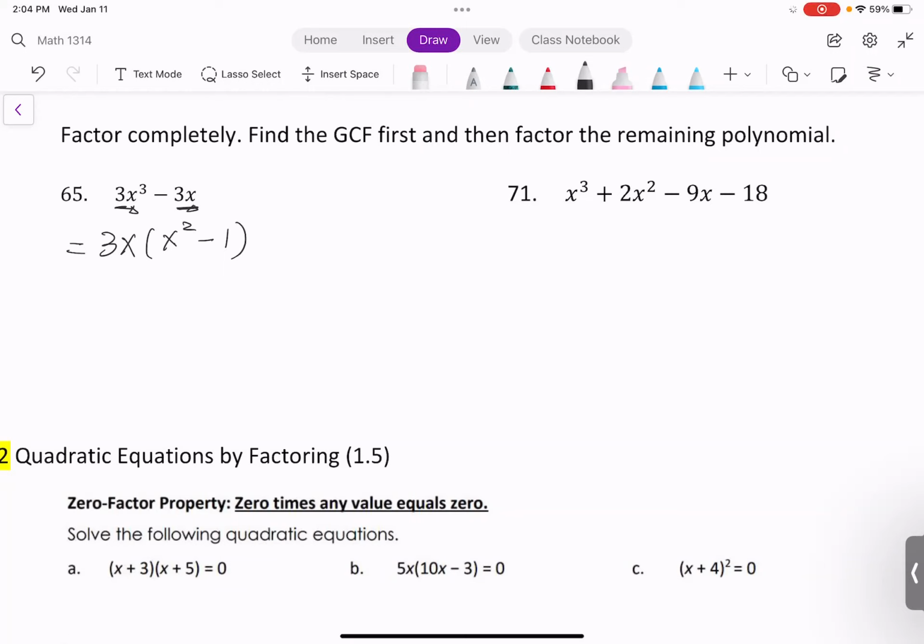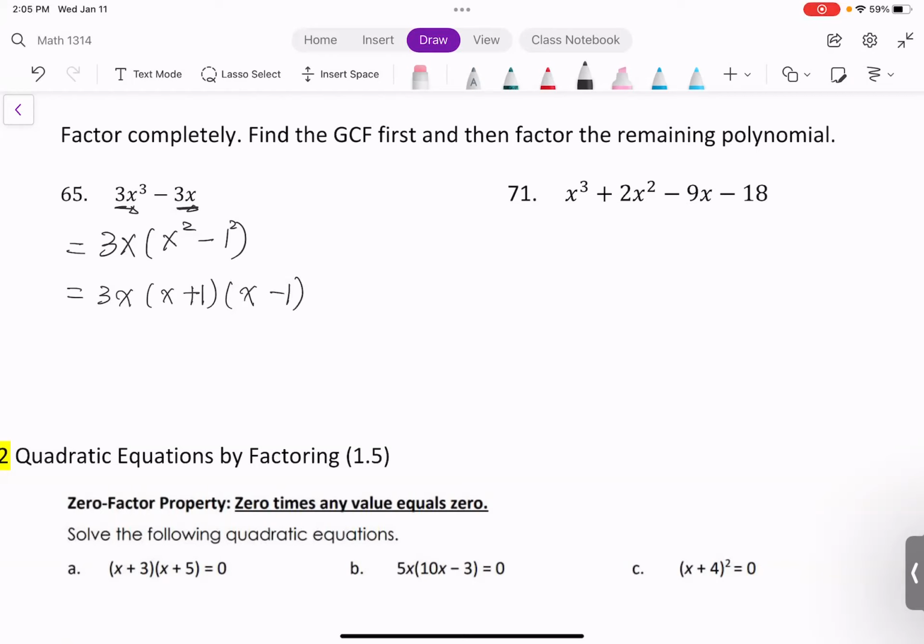Are we done? No, because the second part is the conjugate formula, a squared minus b squared. What is a? A is x. What is b? B is 1. So x squared minus 1 squared. 3x times x plus 1 times x minus 1.